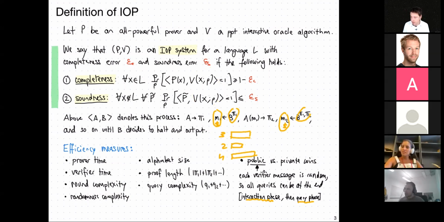Is it possible that the next message of the prover depends on the queries? So the prover doesn't see the queries, right? In the most general case, the way we describe things is that the prover sends the message, okay? And then it's gone, like it's in the mail. Then the verifier receives it.